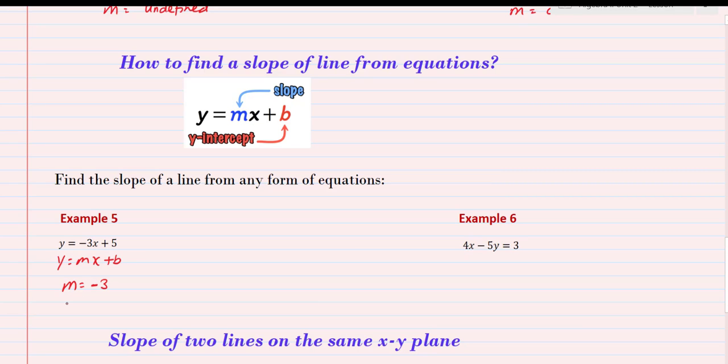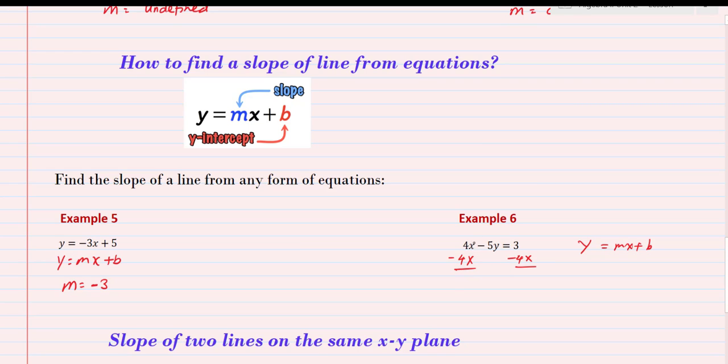That's much easier. If you look at the second example, 4x minus 5y equals 3, it is not given in y equals mx plus b form. So we have to rearrange. To do that, we have to have y equals mx plus b. So to do that, I'm going to subtract 4x from both sides of the equation.